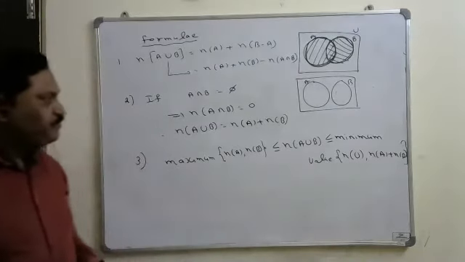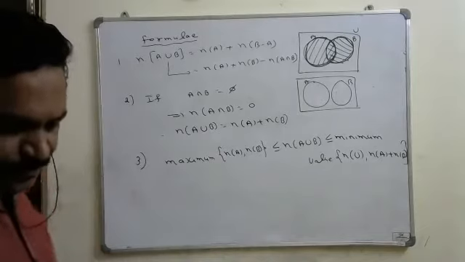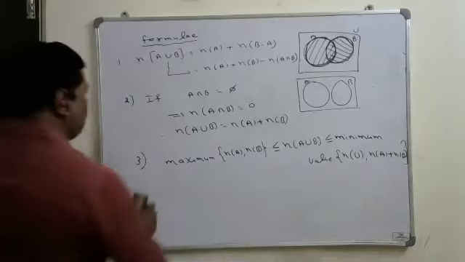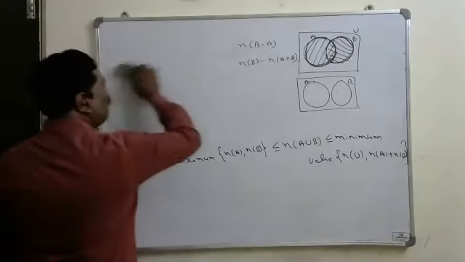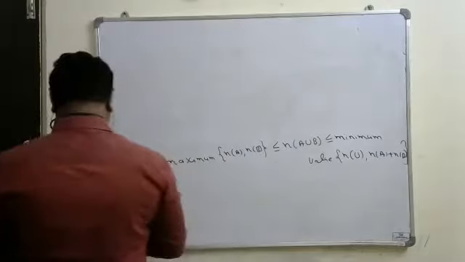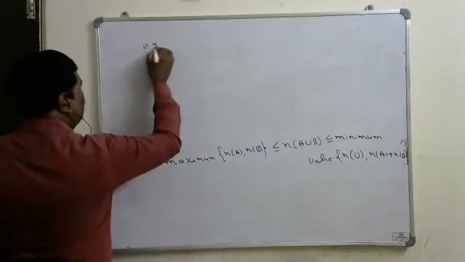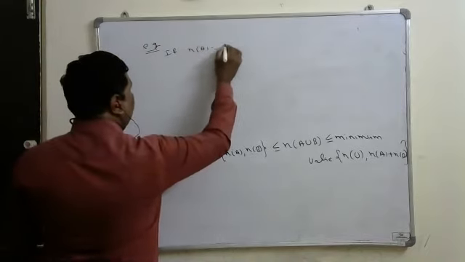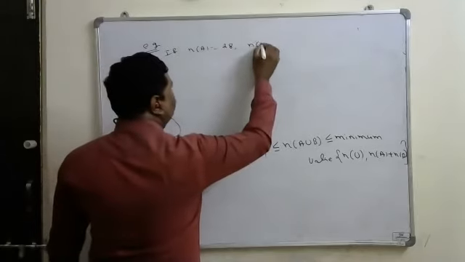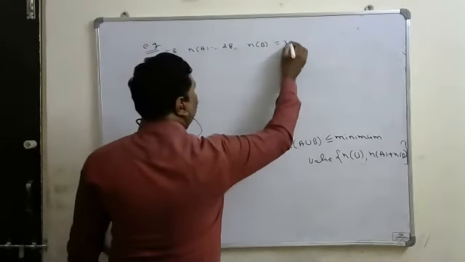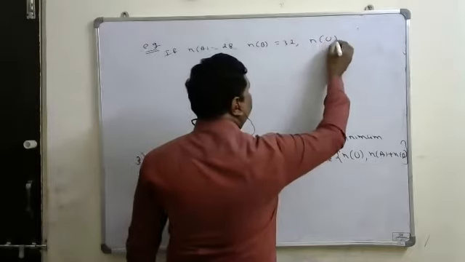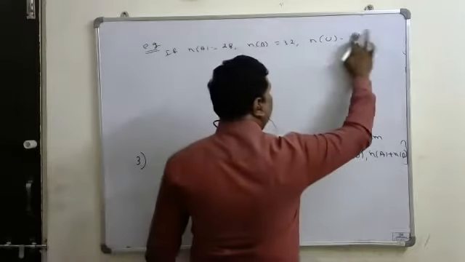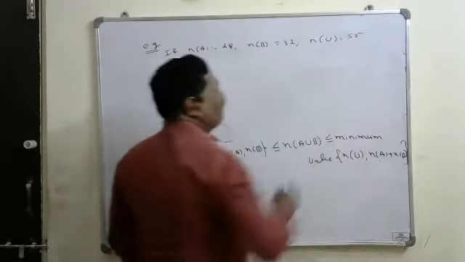Okay, remember these points. Now, suppose for example n of A is equal to 28, n of B is equal to 32, and n of U is equal to, say 60 or 50, let us assume that it is 50.